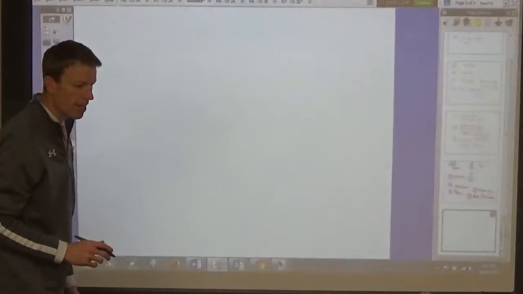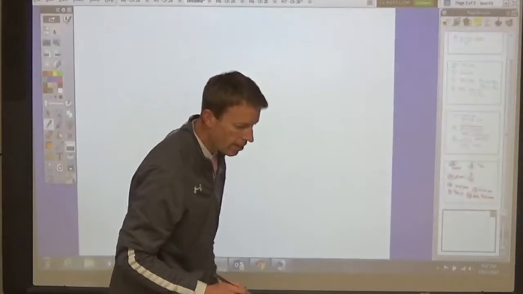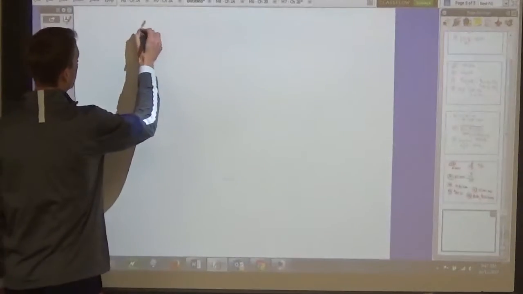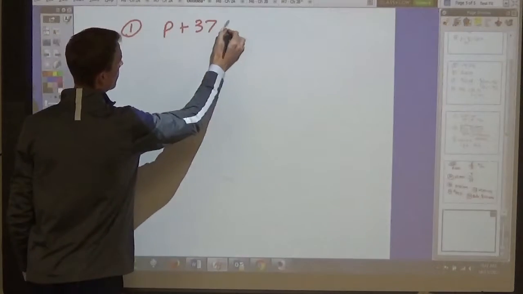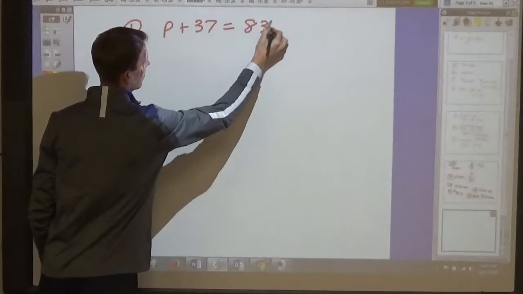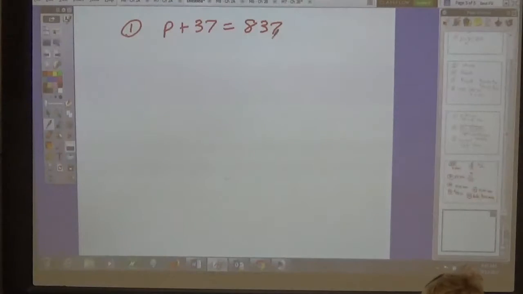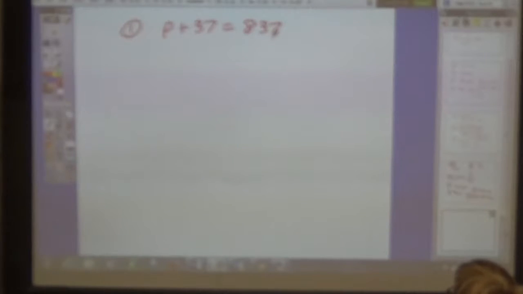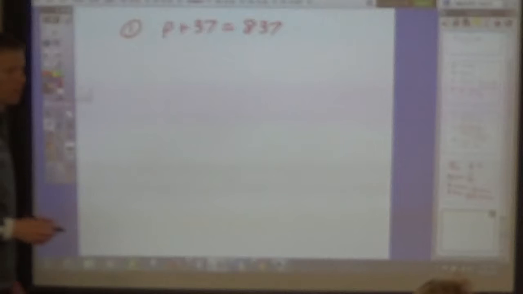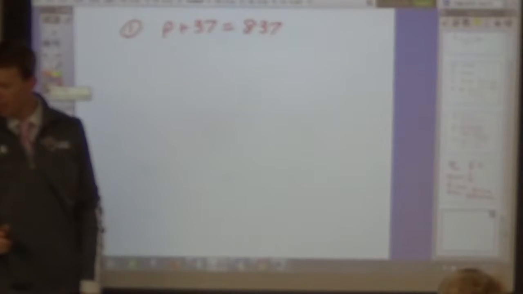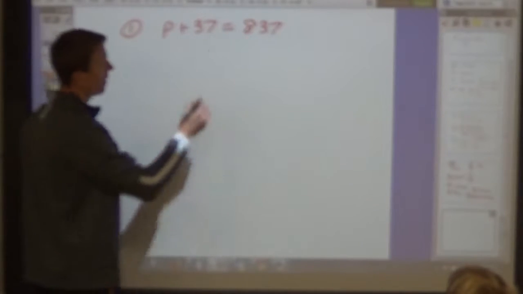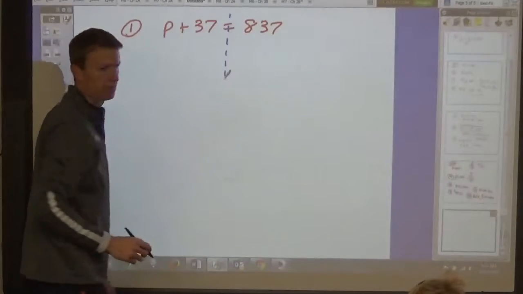P plus 37 equals 837. Now, the first step in solving this is to draw a line down the middle through the equal sign. Okay?